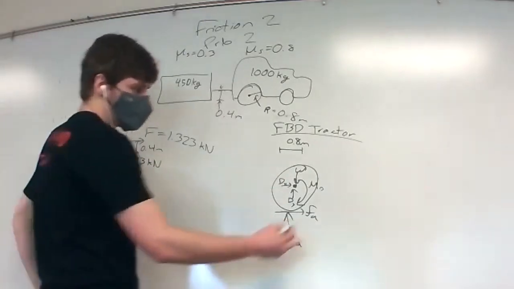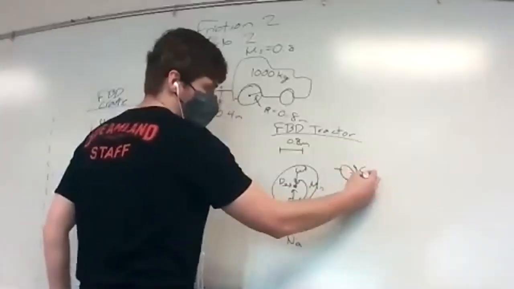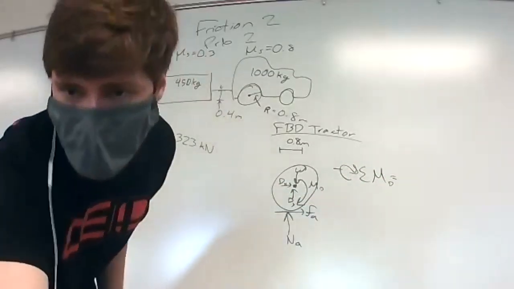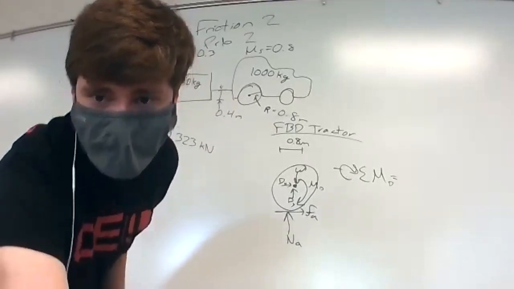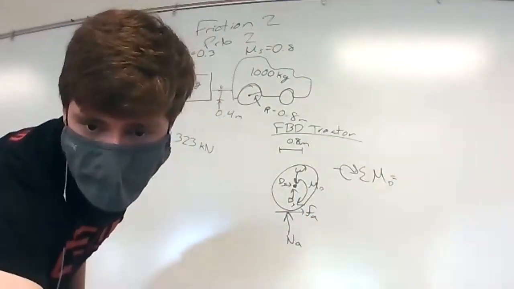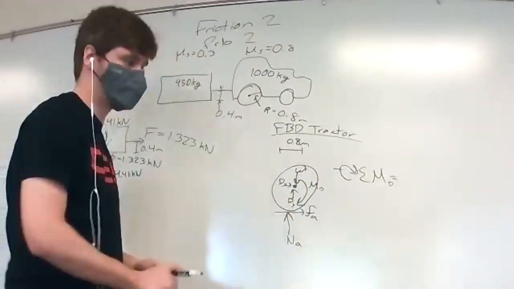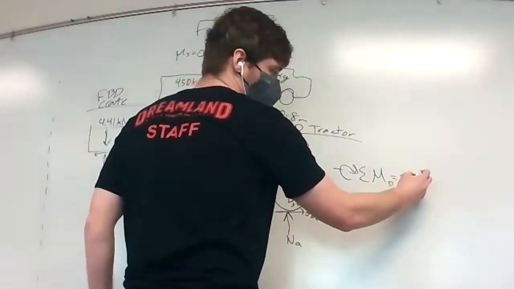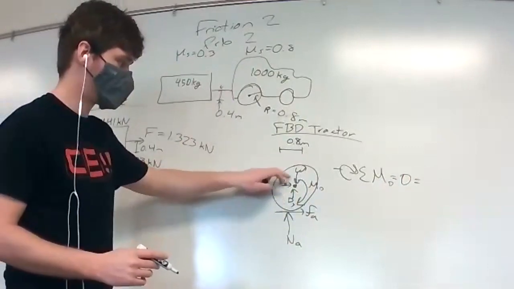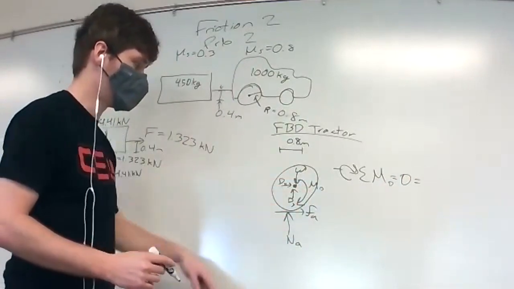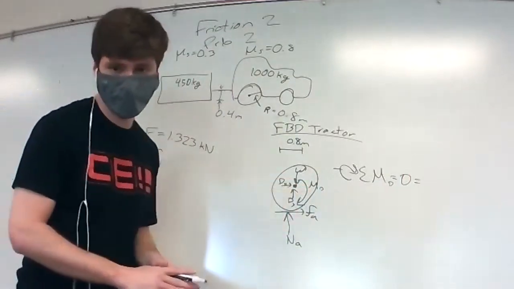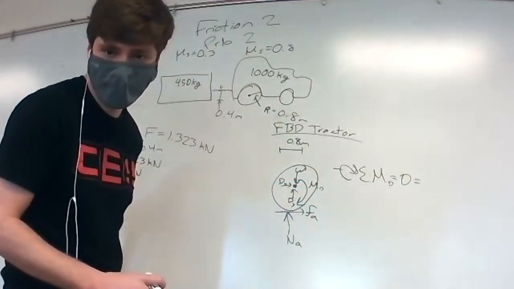So what we do instead is we take the moment about D. In the moment here, DY, DX, the weight, and the normal force all go away. So we're just going to have the friction and the moment equal to 0.